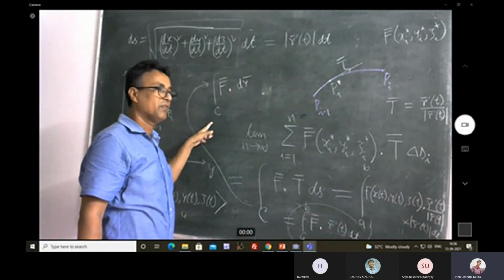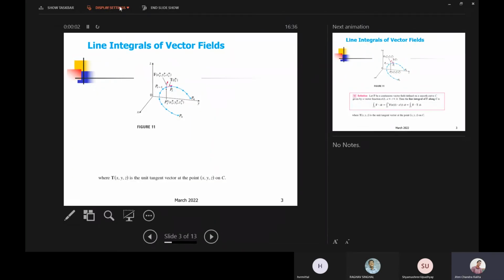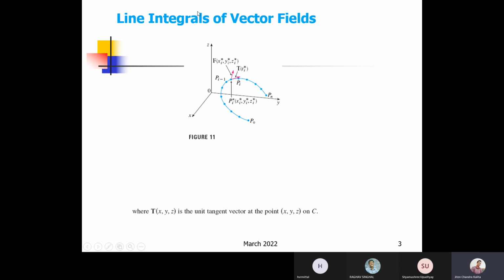Is it okay? Fine. So let us run through the slides so that it serves the purpose of revision as well as some better understanding. In these slides I have explained everything.